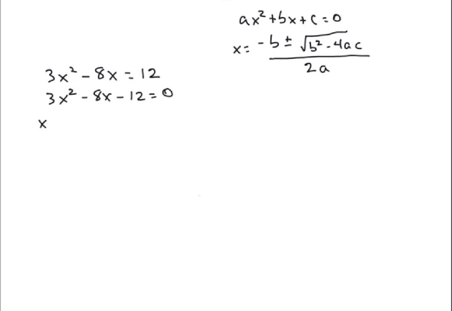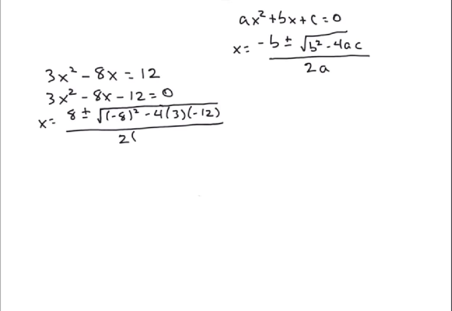So x equals the opposite of b, so the opposite of negative 8 is positive 8, plus or minus square root of negative 8 squared minus 4 times 3 times negative 12, all over 2 times a, so on the bottom we have 2 times 3.